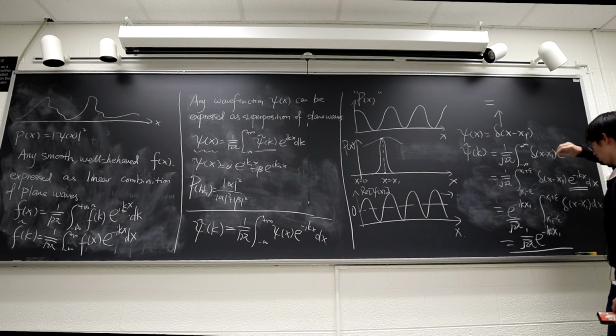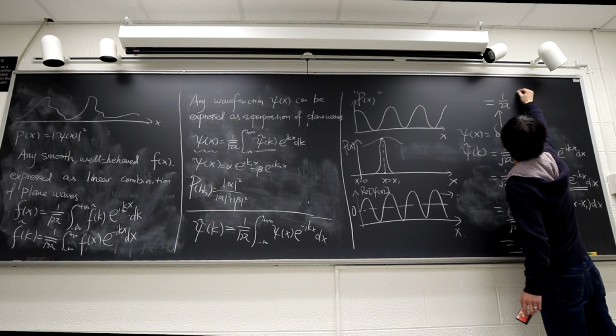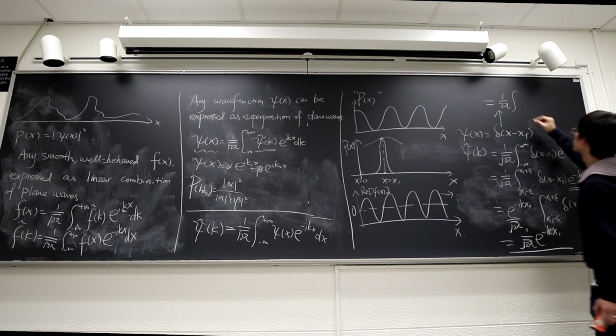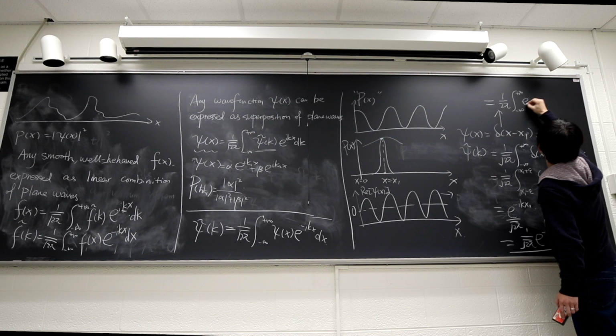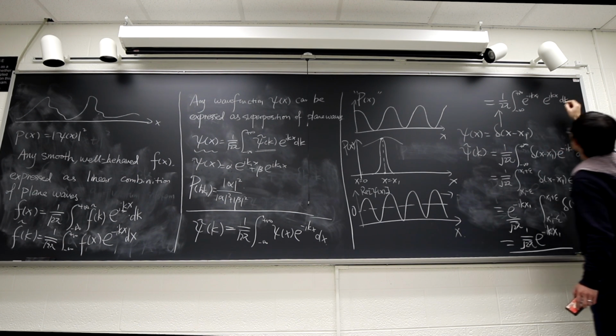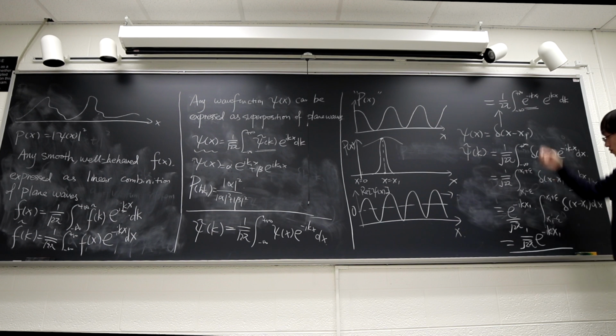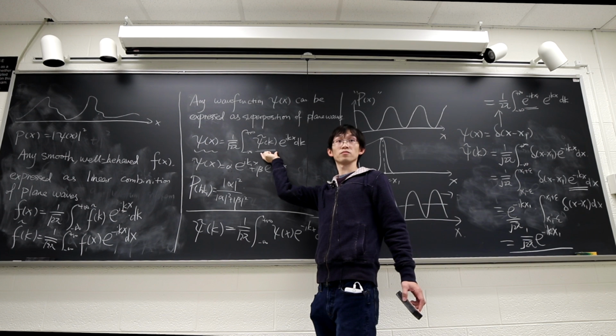This one equals, we already have 2 pi. Notice this part. Substitute this one in your Fourier transform.